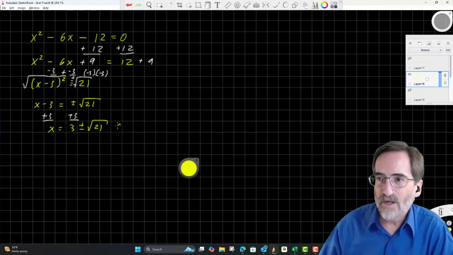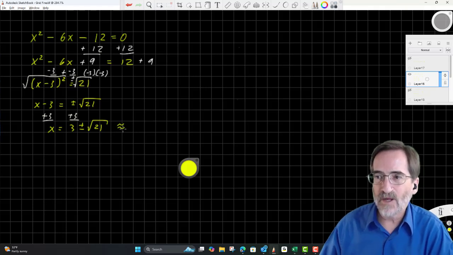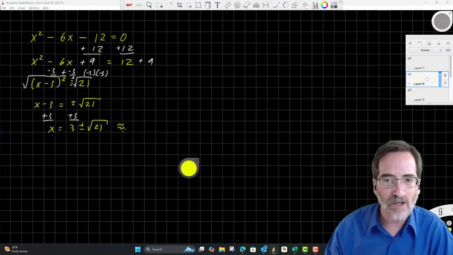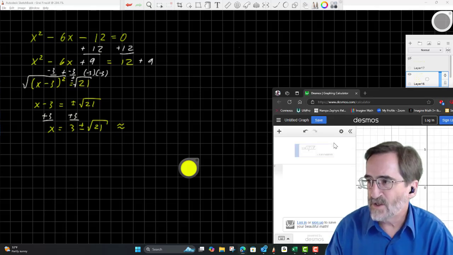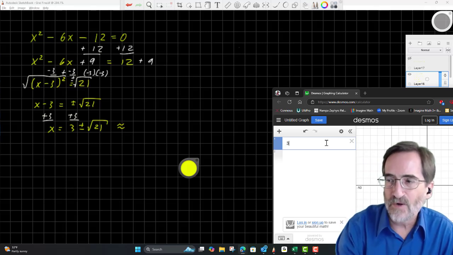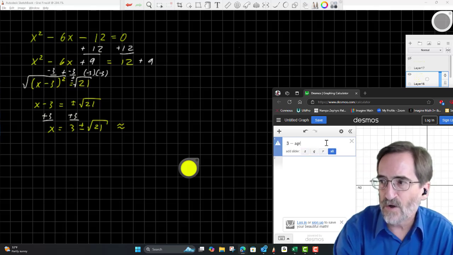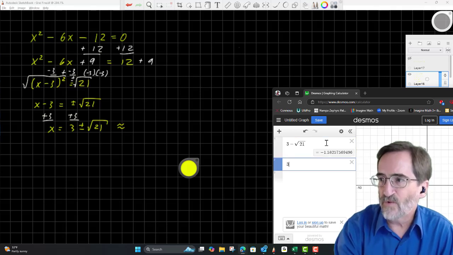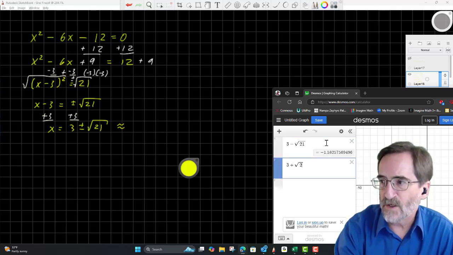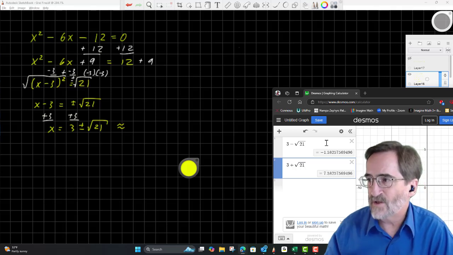Now, if I want to get an approximate answer out of my calculator, I can bring up Desmos. And remember that SQRT is square root: 3 minus SQRT 21. I'm going to go down one and hit 3 plus SQRT 21, and there are my two answers.